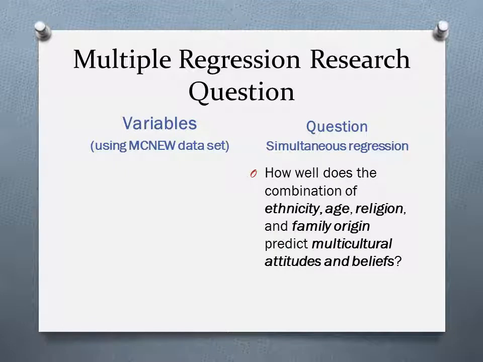Here's the sample question. How well does the combination of ethnicity, age, religion, and family origin predict multicultural attitudes and beliefs? Notice that the independent variables are listed first in the question, and the dependent variable is last in the question.